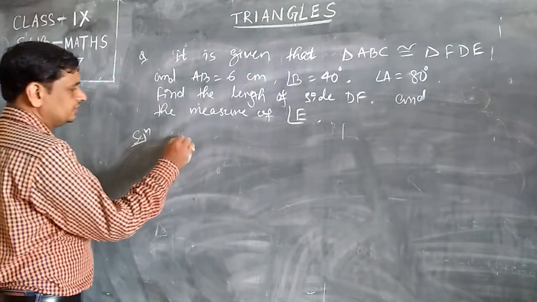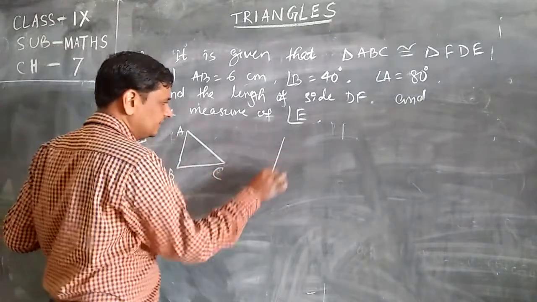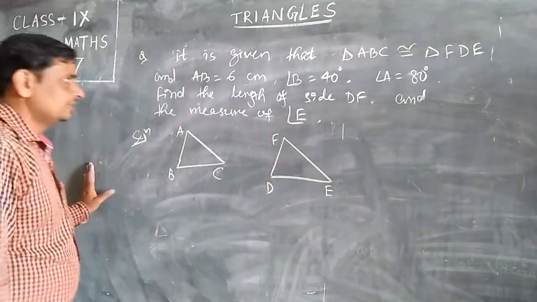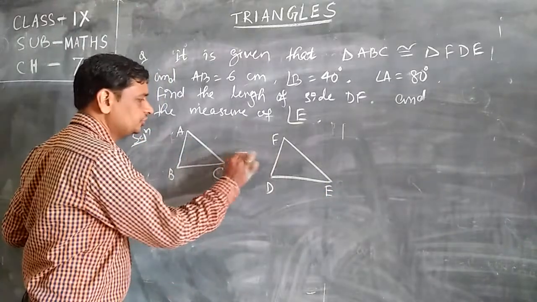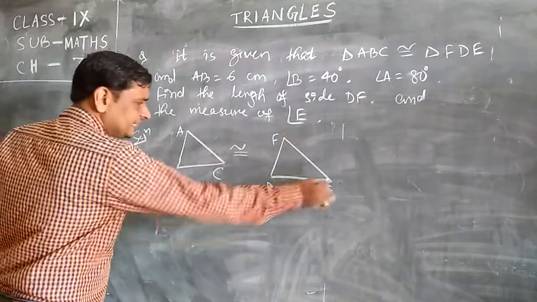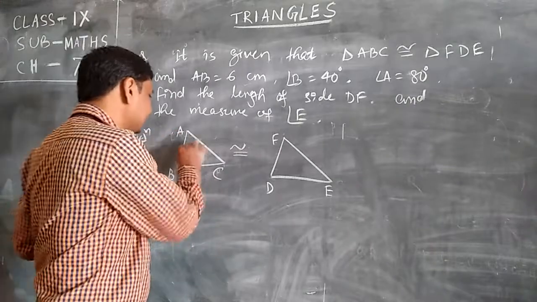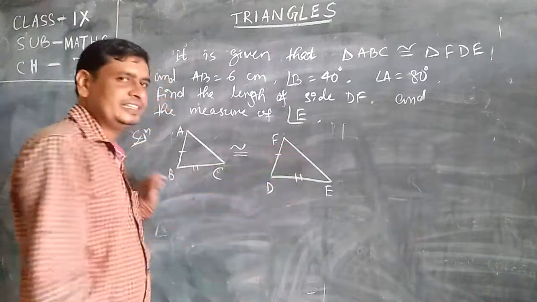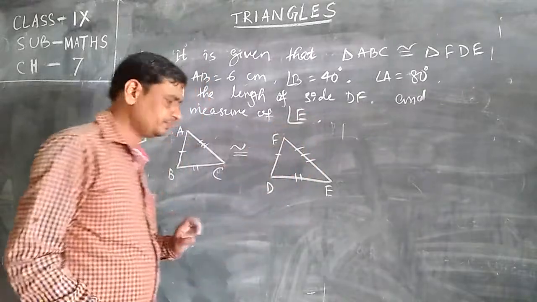Solution. Triangle ABC and triangle FDE are congruent. If they are congruent, then their corresponding parts are equal. That means side AB equals side FD, side BC equals side DE, and side AC equals side FE.